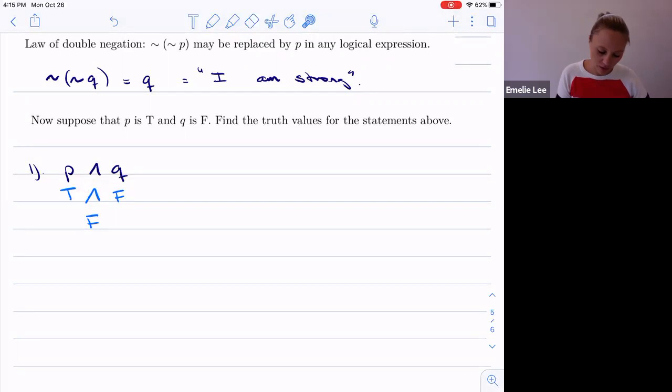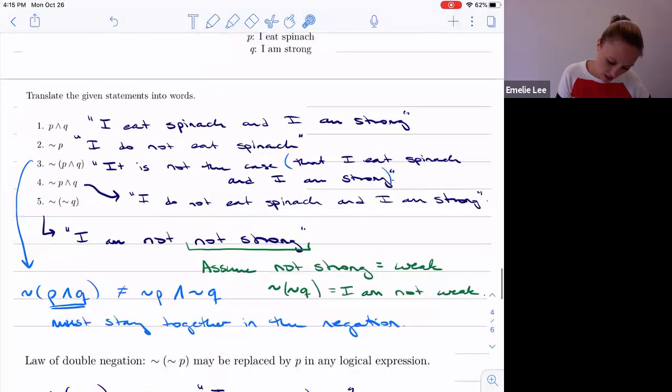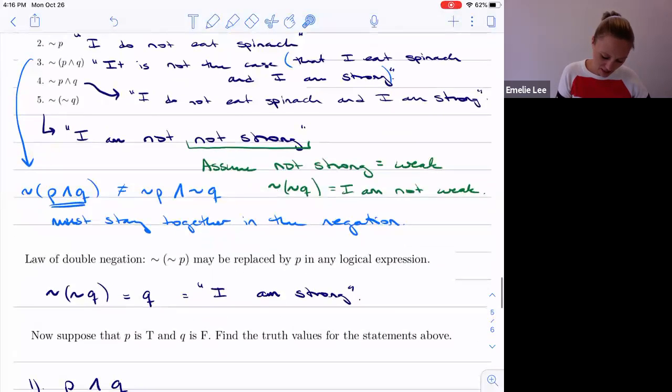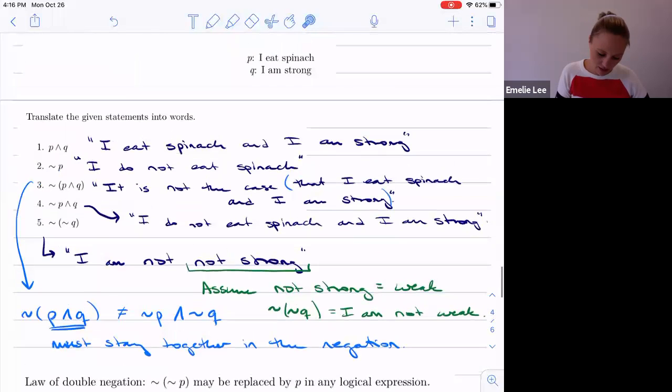If we go back to what the statement was, I eat spinach and I'm strong. If I eat spinach is true, but I'm strong is false, then the statement where I say I eat spinach and I'm strong would be false because I'm not strong.